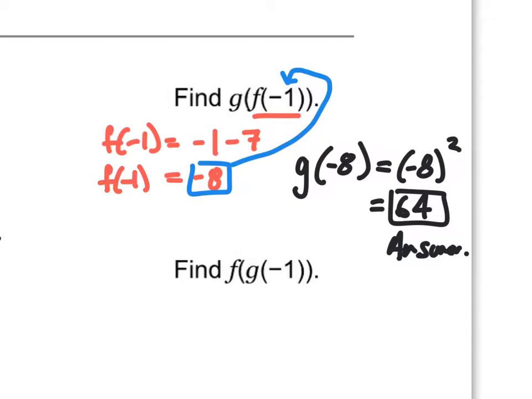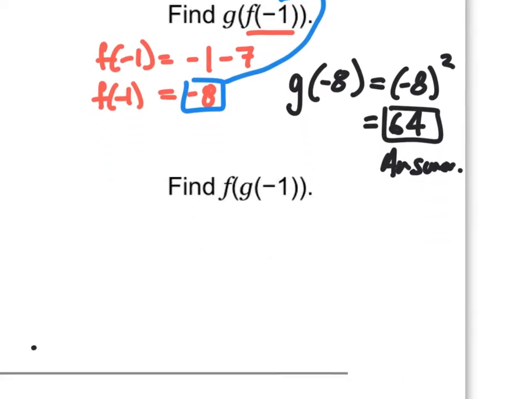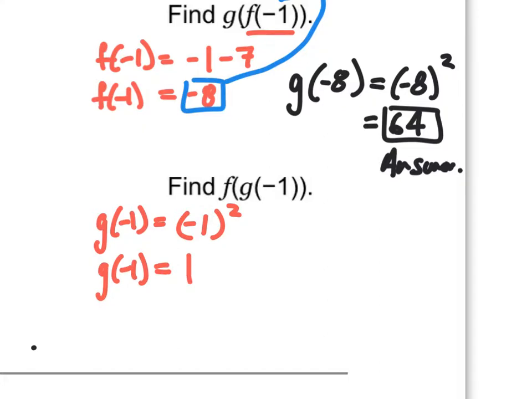Okay, so that's it. All right, evaluate your function f, okay, get a y value, and then plug that new y value into your function g and evaluate. All right, so now on the next one, it says find f of g of negative 1. So let's first evaluate g of negative 1, okay? And that's just going to give me negative 1 quantity squared, which is just going to give me positive 1, okay?